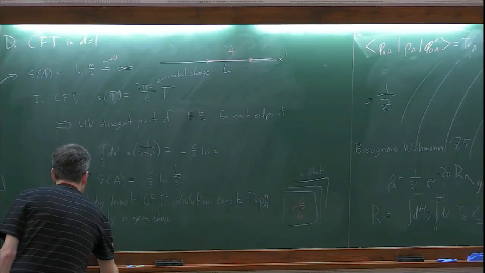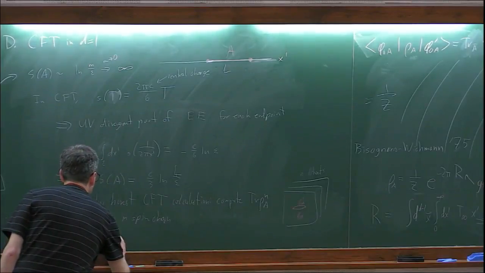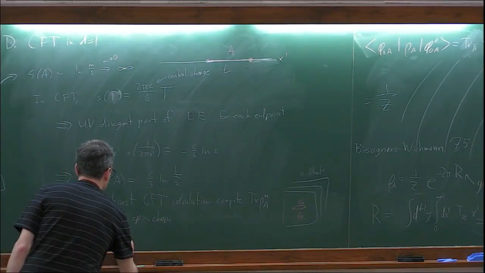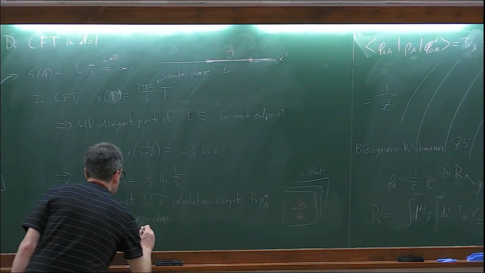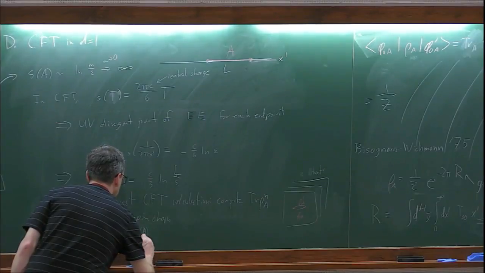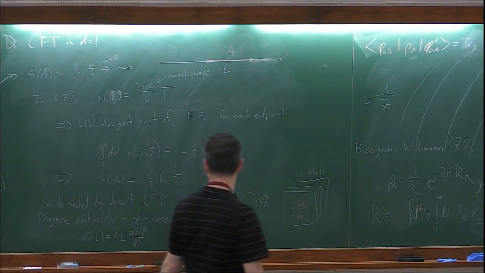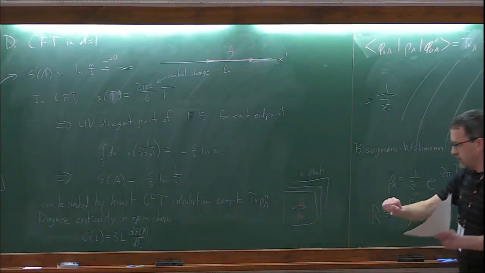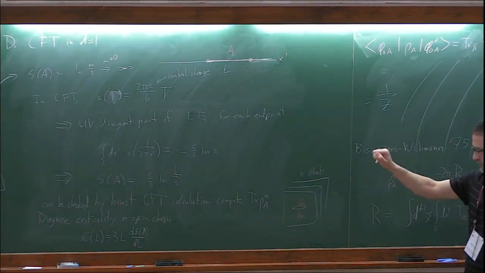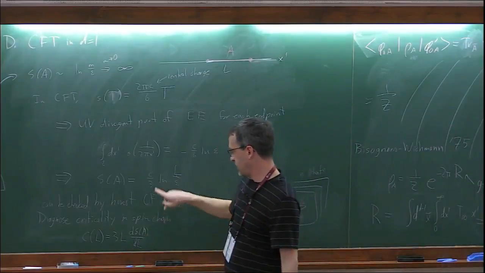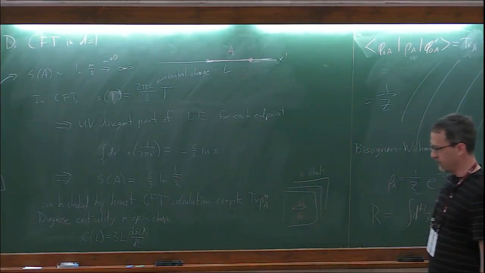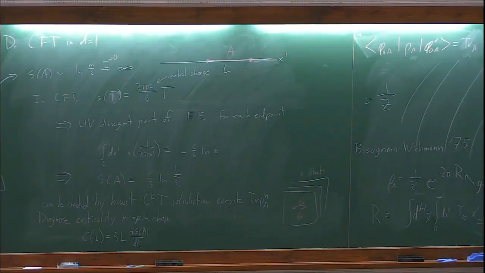You define c of L to be 3 L dS of A dL. So if you can do this as a function of L, fit to some curve, take these derivatives, it'll tell you the central charge. And the epsilon dependence drops out.